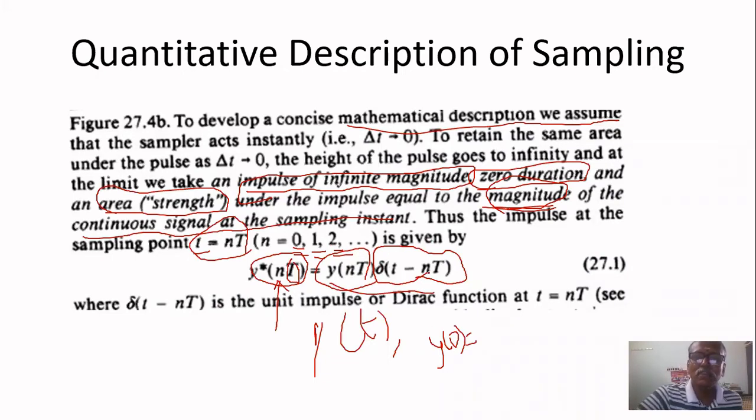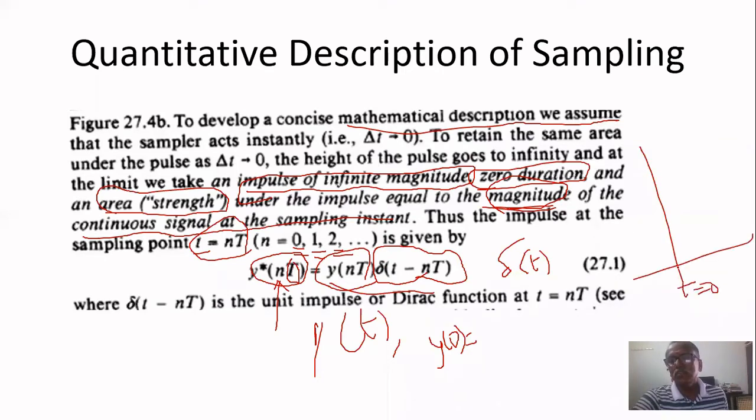This delta of t minus nT means the impulse signal will be represented by delta of t. This is the impulse signal at t equal to 0. But we are sampling when t equal to 1, t equal to 2, t equal to 3, like that. Sampling period equal to 1, we are sampling at 0, then 1, then 2, and 3, etc.